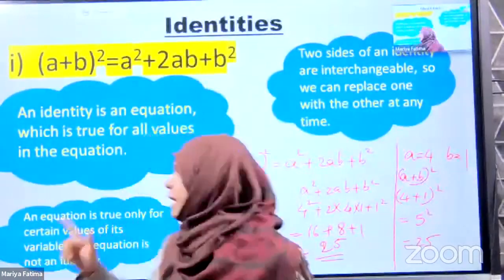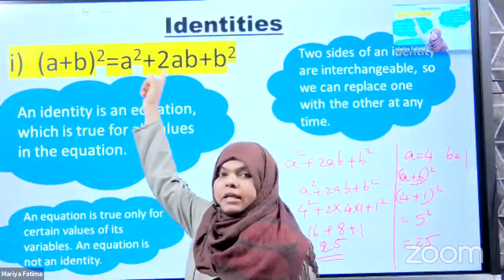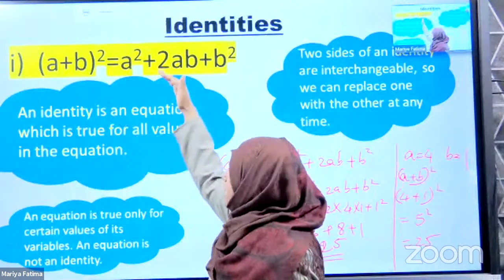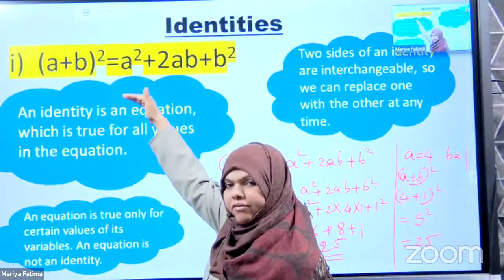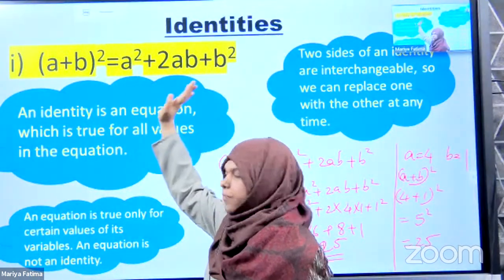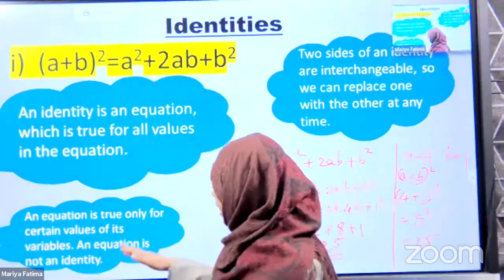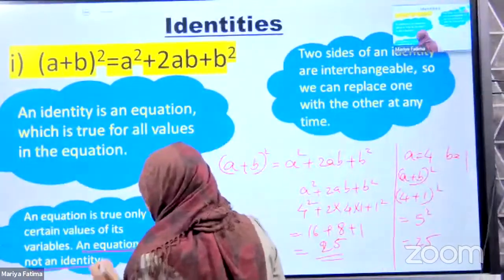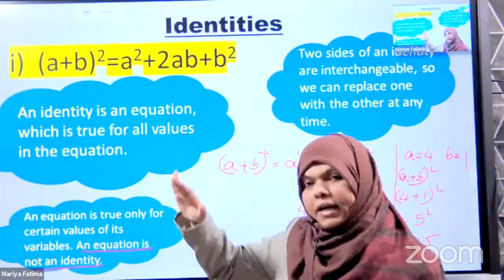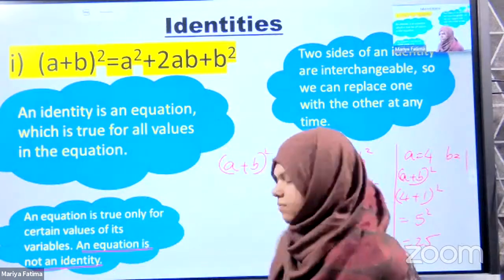So that's why this is called an identity. It is an equation also. It is both an equation and an identity, but every equation will not be an identity. An equation is not necessarily an identity, but all identities are equations.